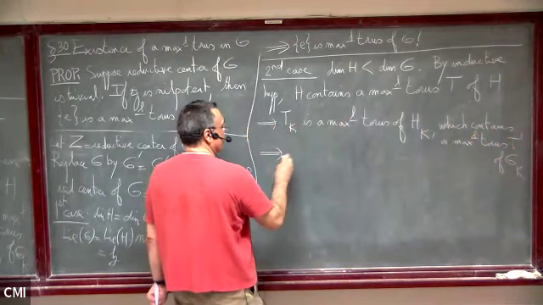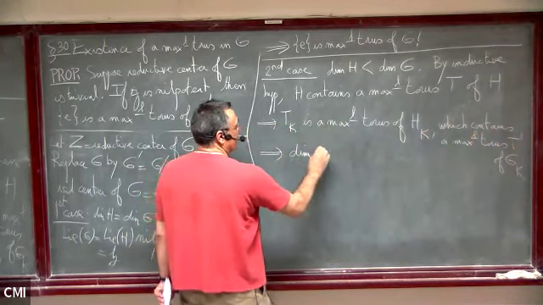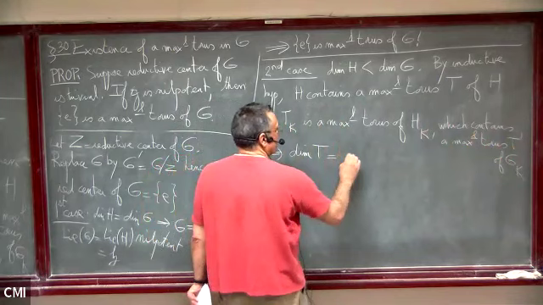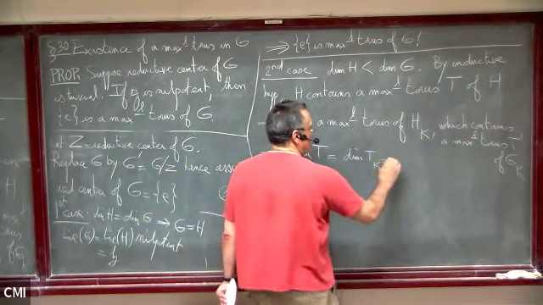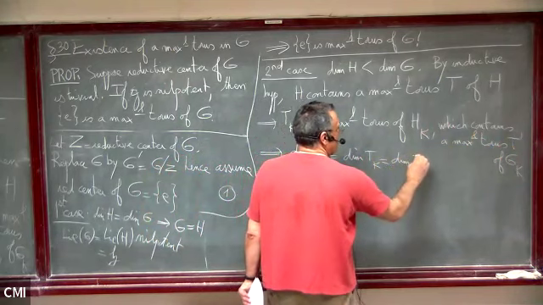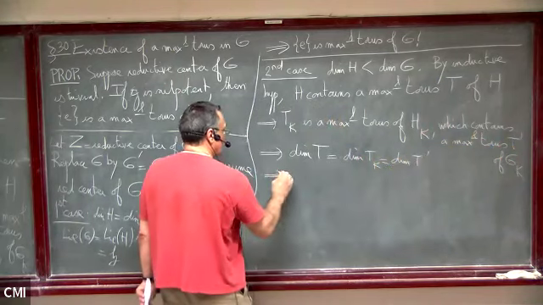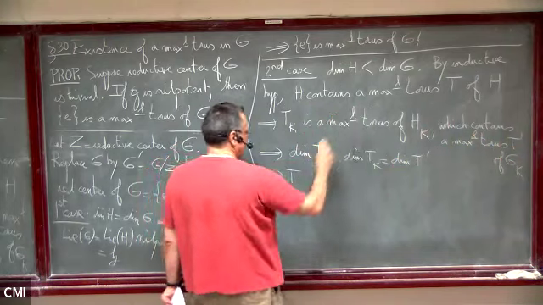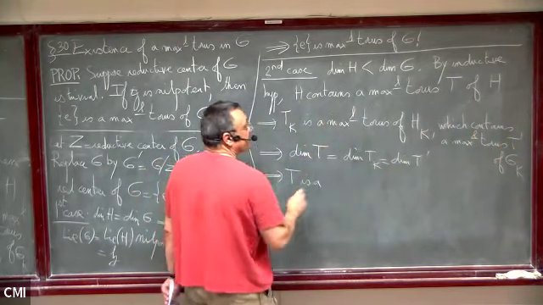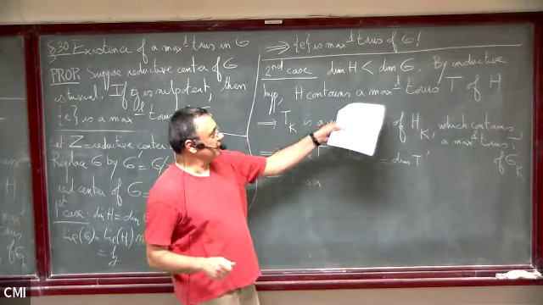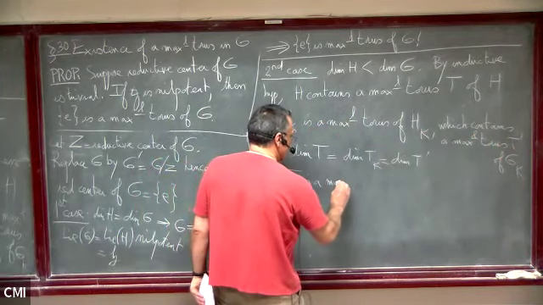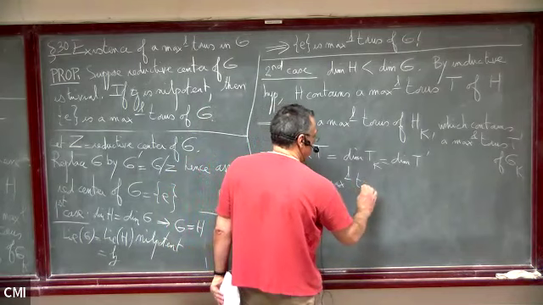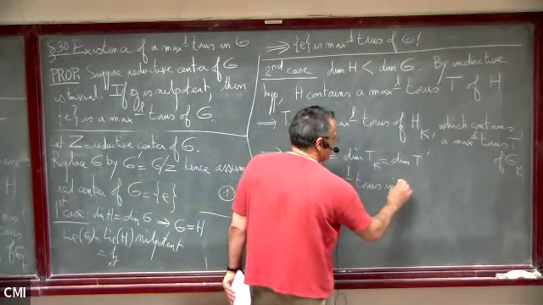And so we obtain that the dimension of T is, and so we obtain that this T is not only a maximal torus in the subgroup, but it's a maximal torus in G.